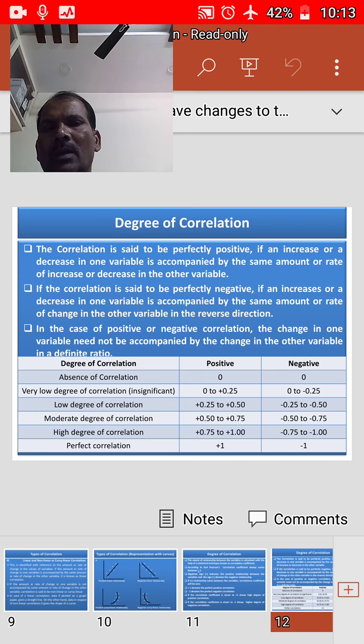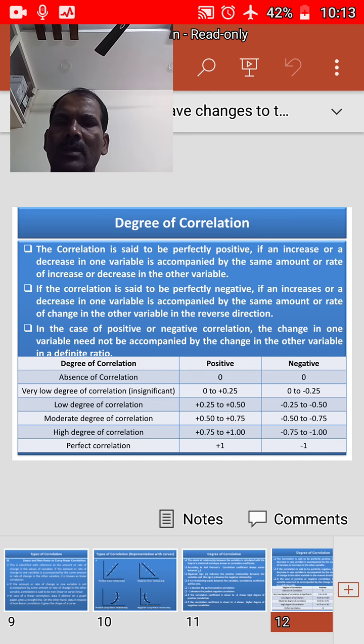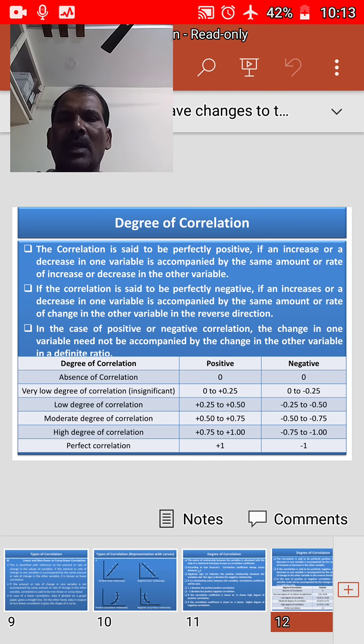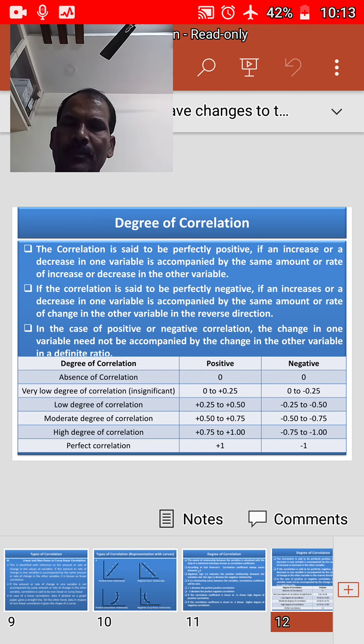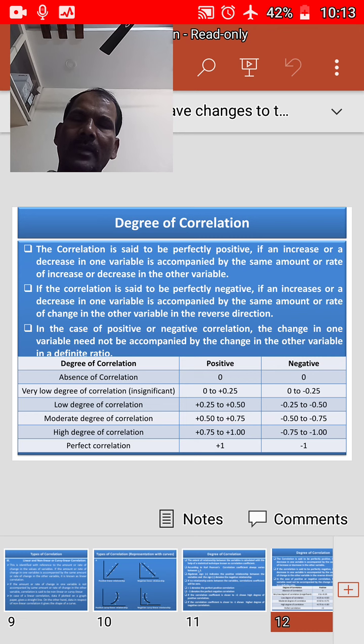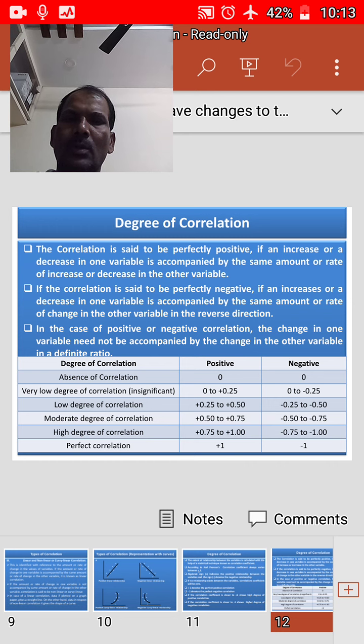So for positive and negative correlation, when we call it a low degree of correlation, the value lies in between these. A moderate degree of correlation is plus 0.5 to plus 0.75 in the case of positive correlation, whereas in the case of negative correlation it is minus 0.5 to minus 0.75, right?